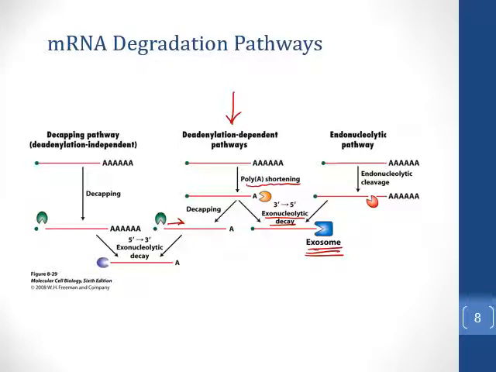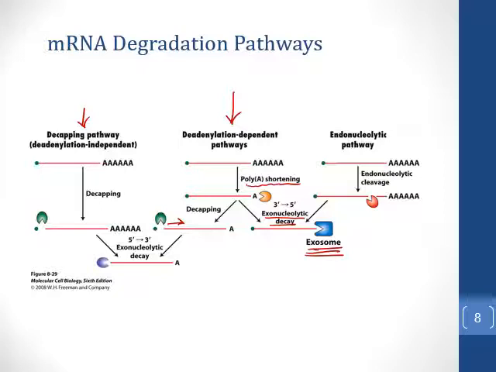Now let's go over here. This is deadenylation independent degradation. In this case, anything that causes the 5' cap to be removed is going to allow it to be degraded in the 5' to 3' direction. In other words, sometimes the cap can be removed independently of the poly A tail.